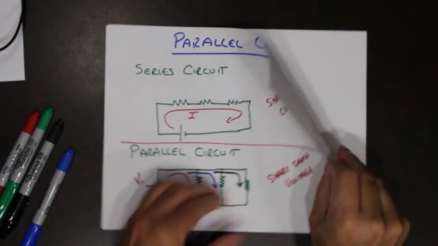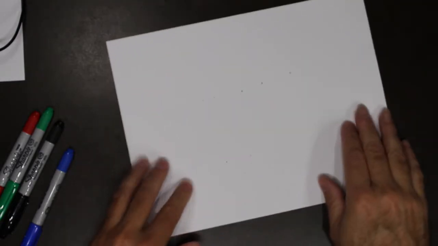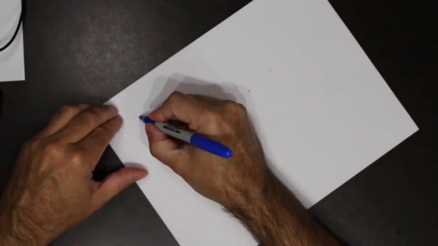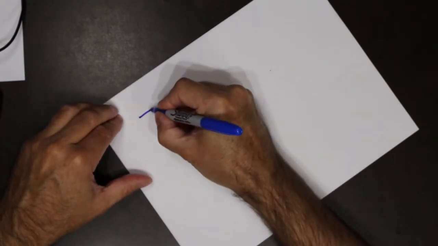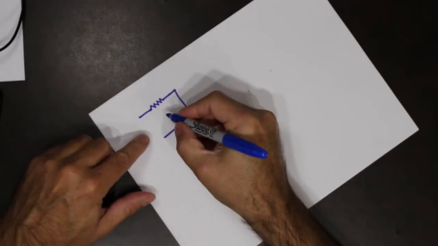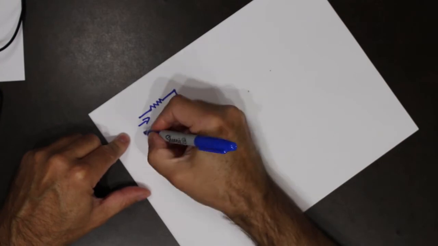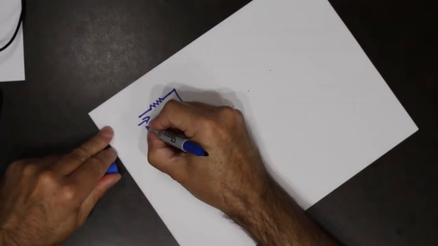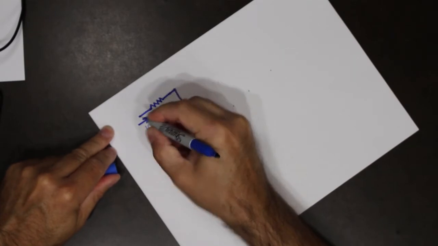So let me explain that a little bit better. In the last lecture, I talked about series circuits, and I said they share the same current. So if I had a resistor here, and I had current flowing through it, let's say 10 milliamps.